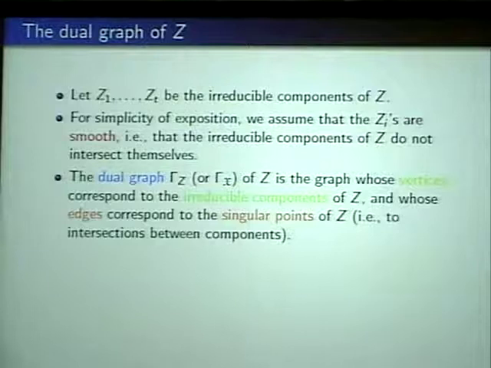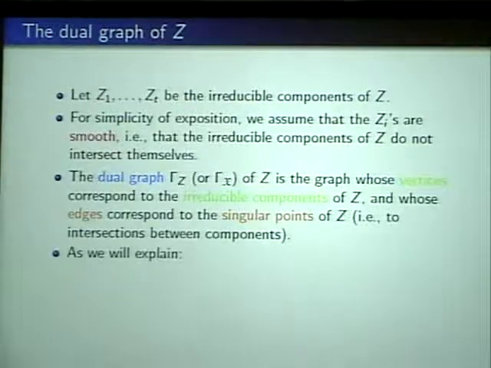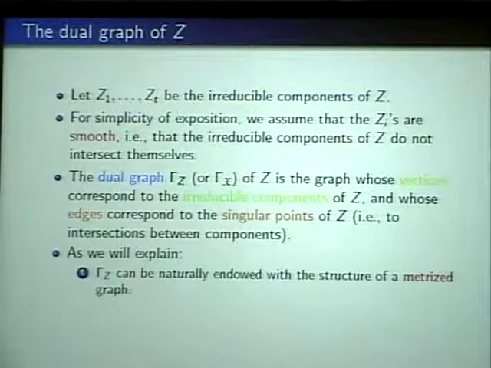So the edges of the graph correspond to the singular points of Z. And in fact, we've seen this in Jeremy Teitelbaum's talk when he was describing Shimura curves and p-adic uniformization theory. This is the same dual graph that appeared there. And as we'll see, this graph can be naturally endowed with the structure of a metrized graph. So the content of this is that there's a natural metric. There's a natural way to measure the length of an edge here.